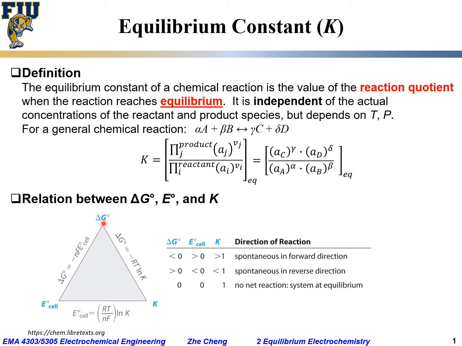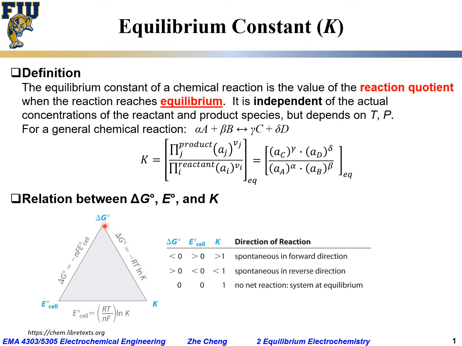Between delta G0, the standard free energy change, and the equilibrium constant, we have this relationship: delta G0 equals minus RT ln K. Or put another way, the reaction free energy change would be delta G0 plus RT ln K, and under equilibrium that should be 0, so as a result, delta G0 would be minus RT ln K.